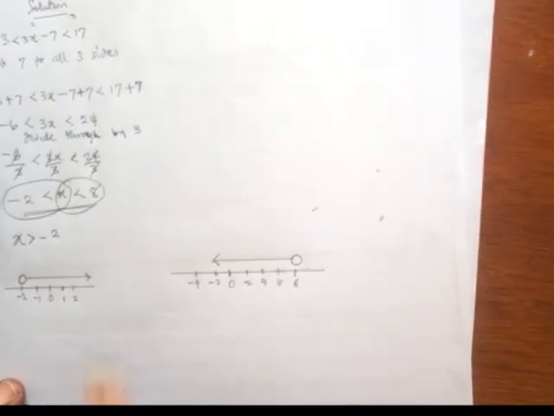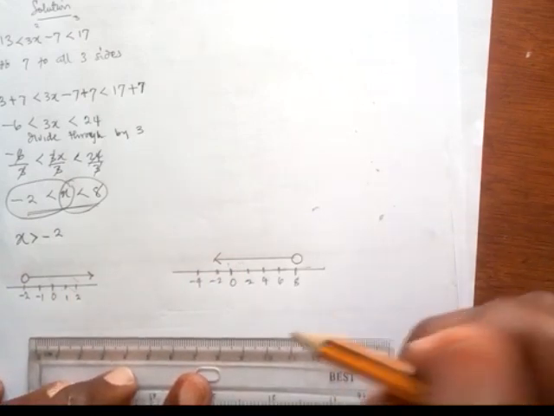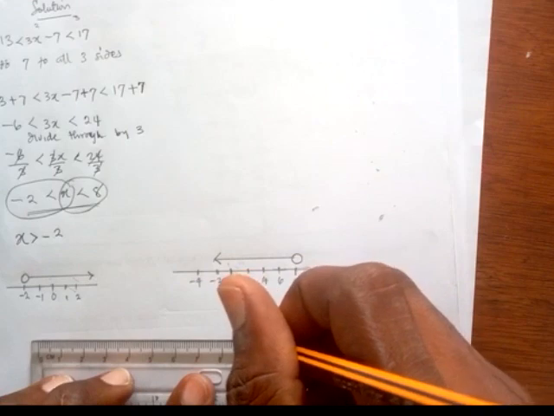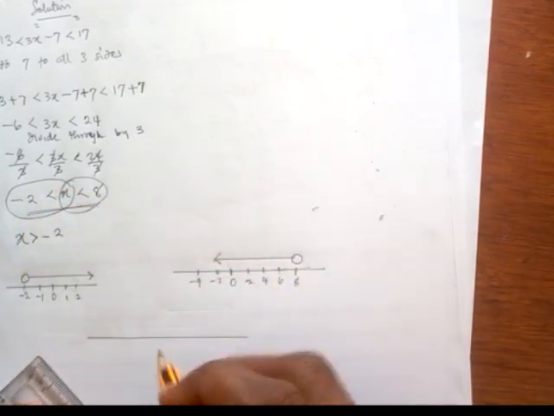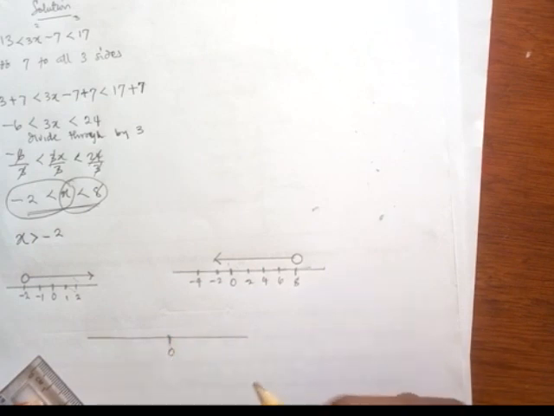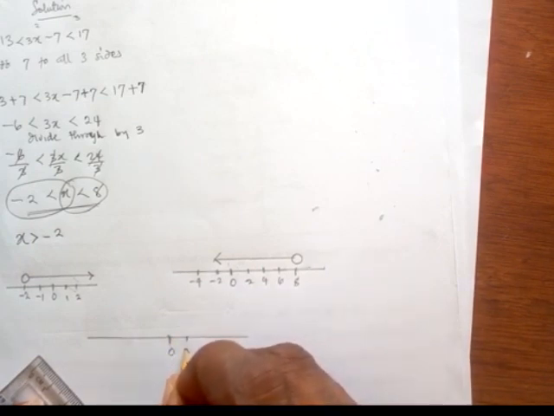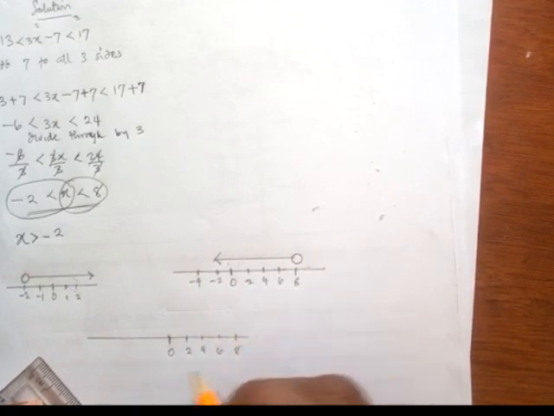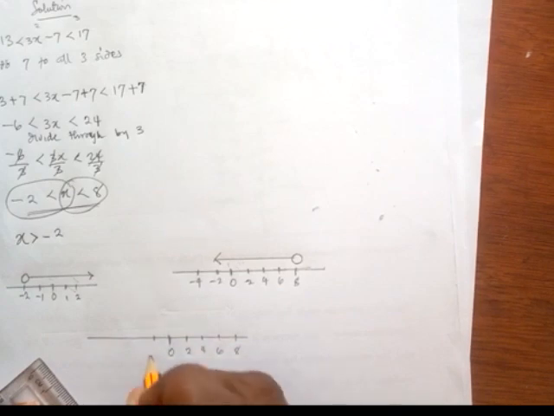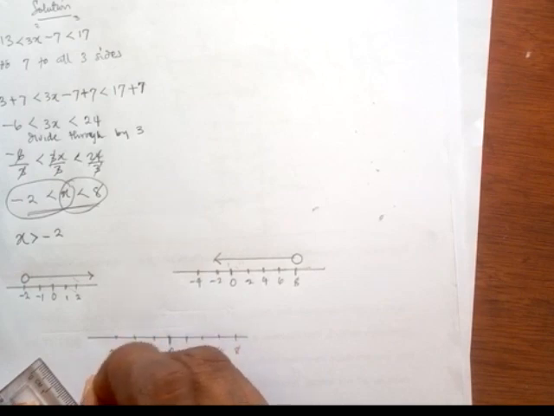Because this is a compound inequality, these two number line graphs are supposed to merge. So in representing this compound inequality on your number line, we would have this as our solution. 2, 4, 6, 8, minus 2, minus 4, minus 6.